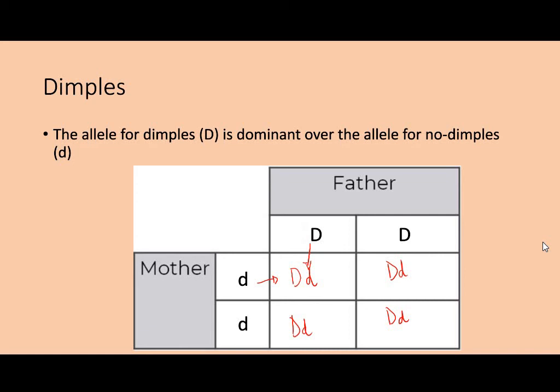offspring in terms of dimples. He ends up with 4 that are DD, and because the big D is what we call dominant, if a big D appears, that means they all have dimples.